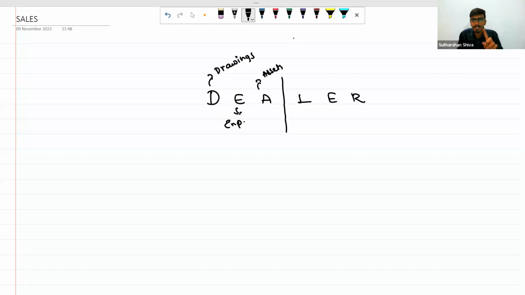Asset is inclusive of cash, bank, debtors, stock, everything. L is a liability. E is equity, or you can also call it capital, R is revenue, or you can treat it as income.